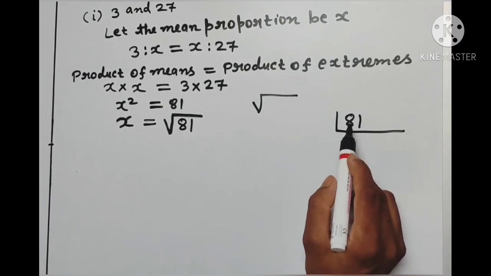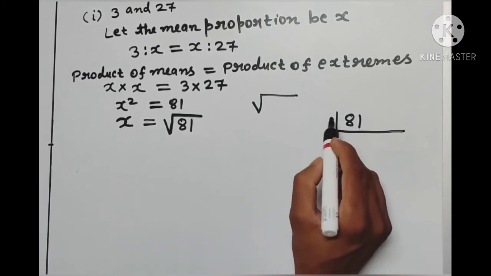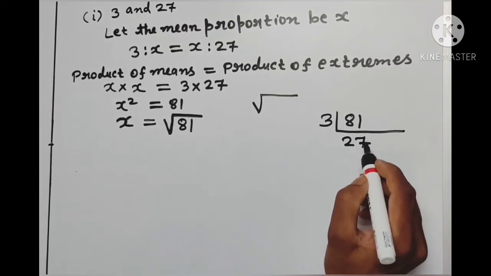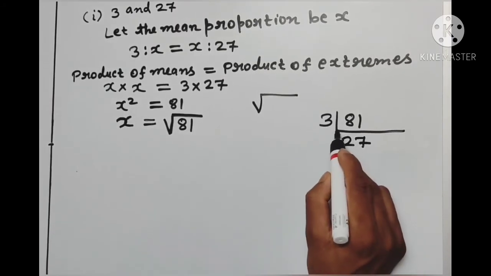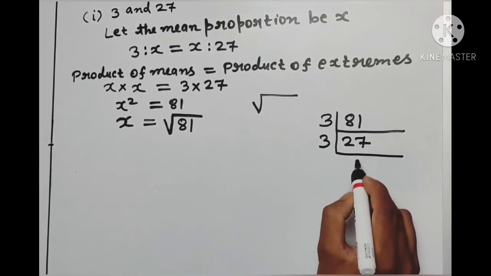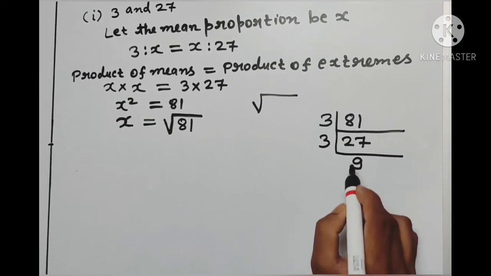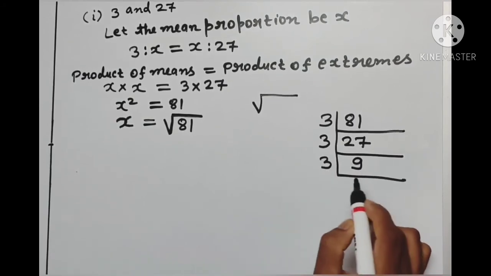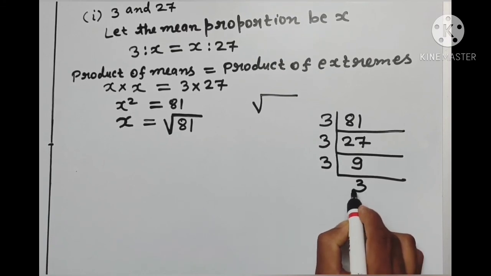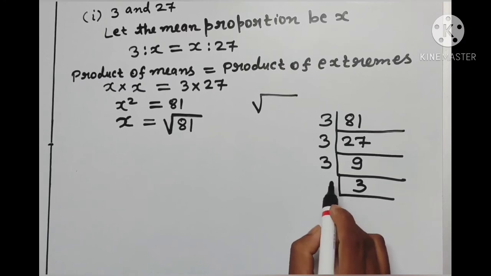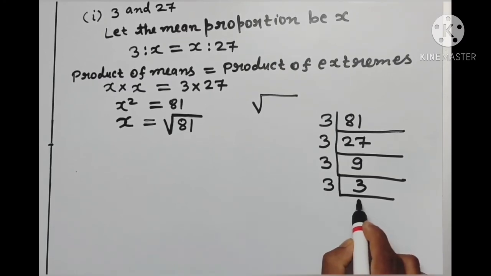So the prime number 3 will divide this 81, and the result will be 27. Okay, and again the prime number 3 will divide this 27 and the result will be 9. And again it will be divisible by this prime number 3 and the result will be 3. And then again this 3 is divisible by 3 and the result will be 1.